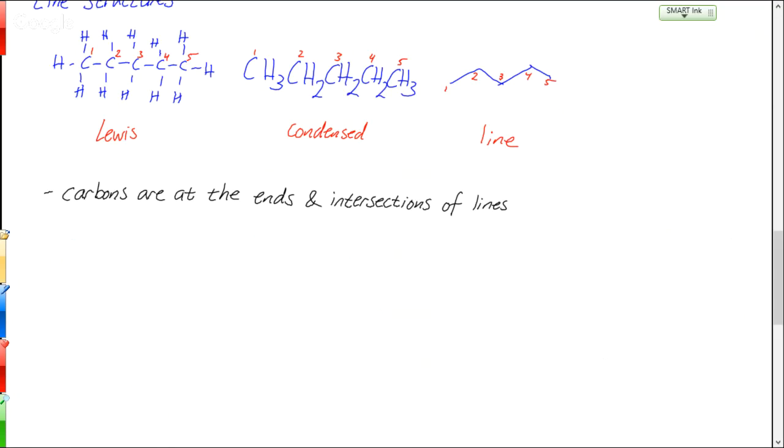And there's a couple of reasons for the zigzagging then. One is just because otherwise we wouldn't be able to tell where the carbons were. So you need that inflection point to say, okay, there's one here and there's one here. If it were just straight, there'd be no way of knowing. But if we go back to our models, that also reflects the real geometry of these structures. If you connect a couple carbons together, I'm going to take the hydrogens off right now so we can see it better.